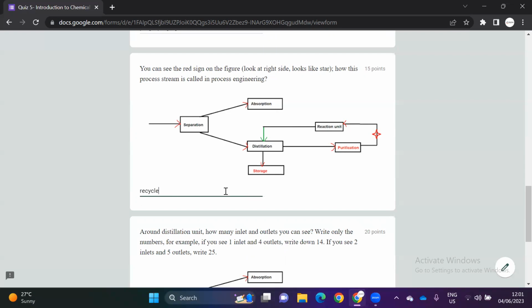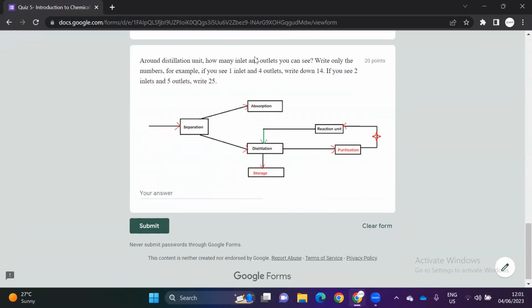Recycle. Around the distillation unit, how many inlets and outlets can you see? Write only numbers. For example, if you see one inlet and 4 outlets, write 14. Okay, it's clear. Around the distillation unit, let's see what the inlets are. Separation has 1 inlet and 2 outlets.